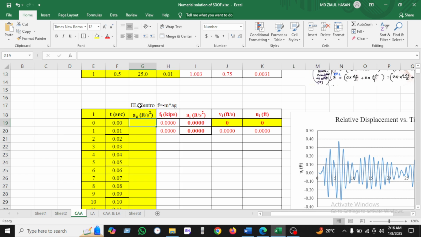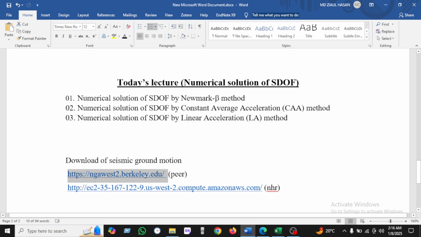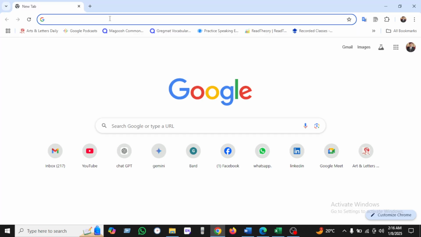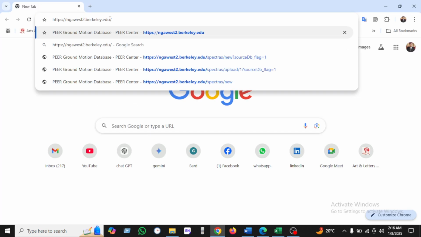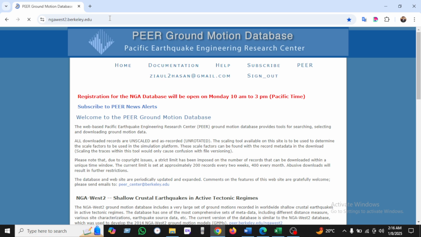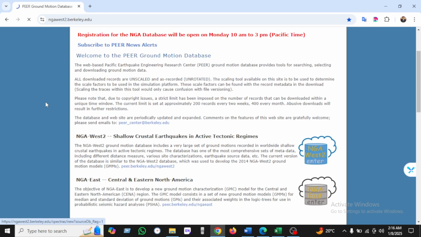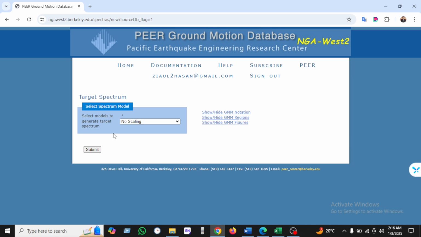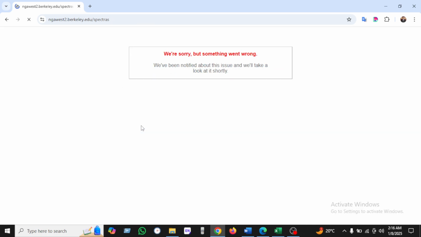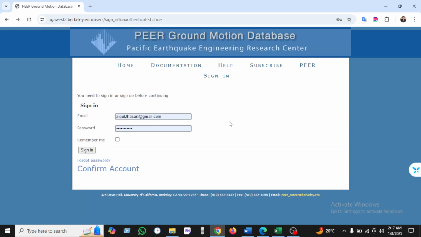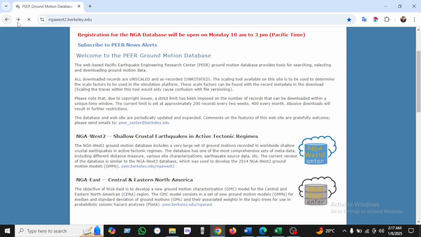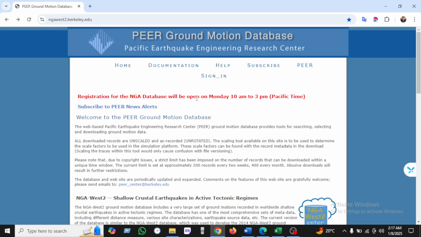The ground acceleration is coming from the El Centro ground motion. So how will we get it? We have to go to this website. Click here, go to this website and enter, with no scaling. If you go to this website, you will find the registration and the NZ database will open.